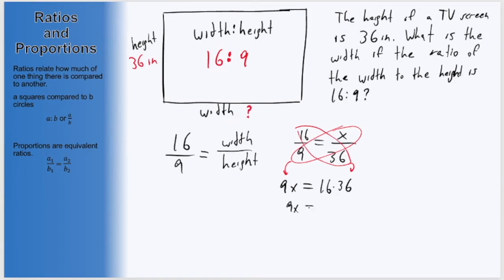Doing the multiplication, we get 9x equals 576. Then we can solve for x by dividing 9 on both sides, leaving us with x equals 64. And so by using proportions, we find that the width of this screen should be 64 inches, the same unit as our height.